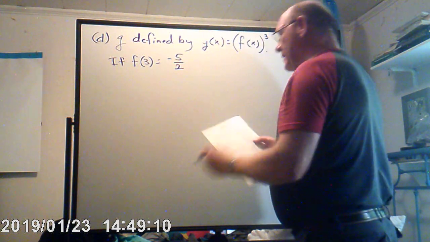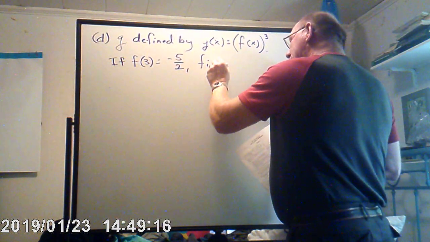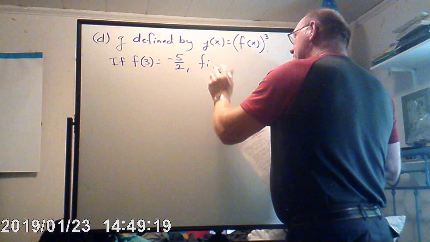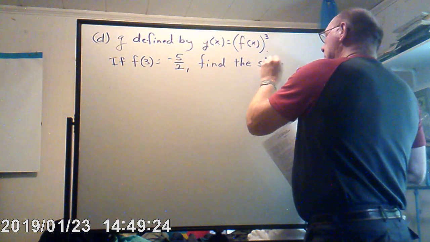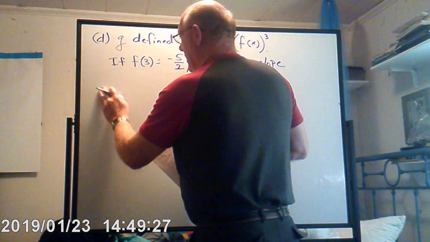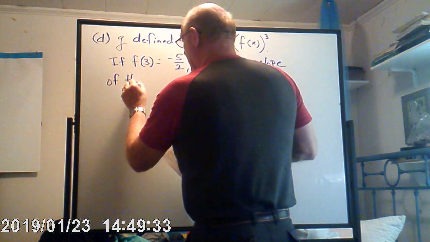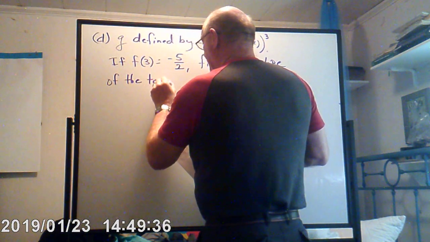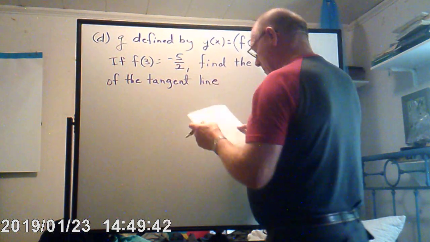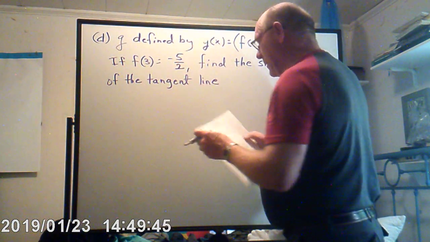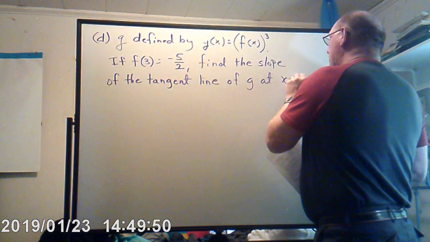Find the slope of the tangent line. We don't even need the equation, just the slope of the tangent line of G at x equals 3.